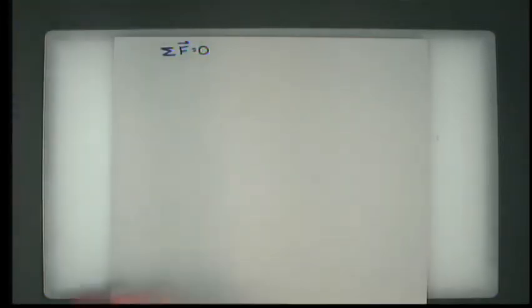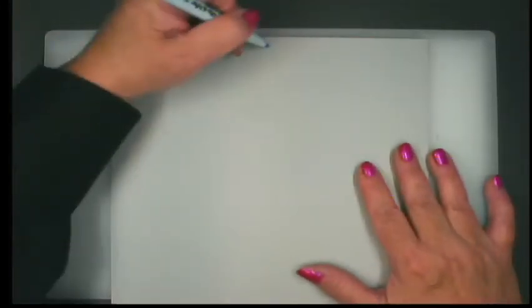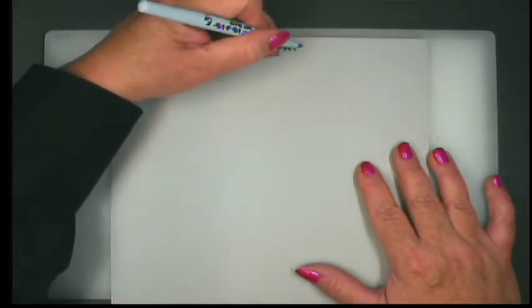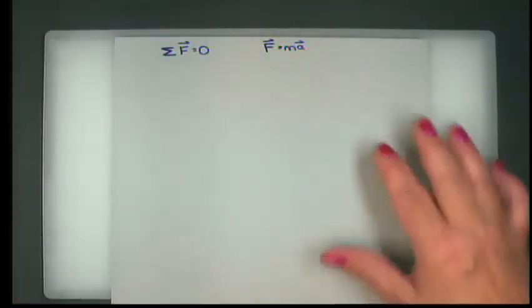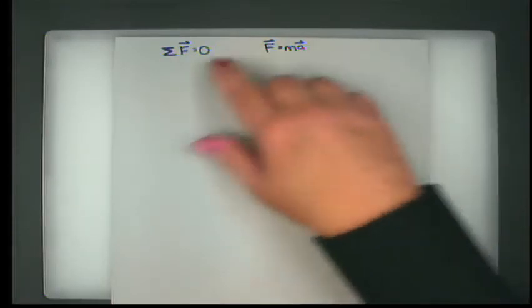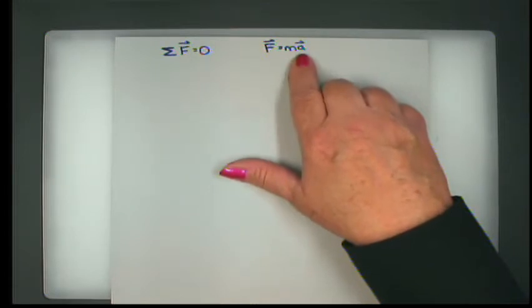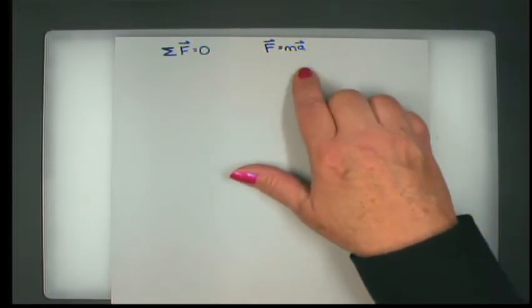This comes from Newton's second law of motion: the summation of forces in any vector direction is equal to mass times acceleration. Now, what I'm really saying is acceleration is equal to 0, so it could be moving at a constant velocity, but when we're talking about structures, that is not applicable.